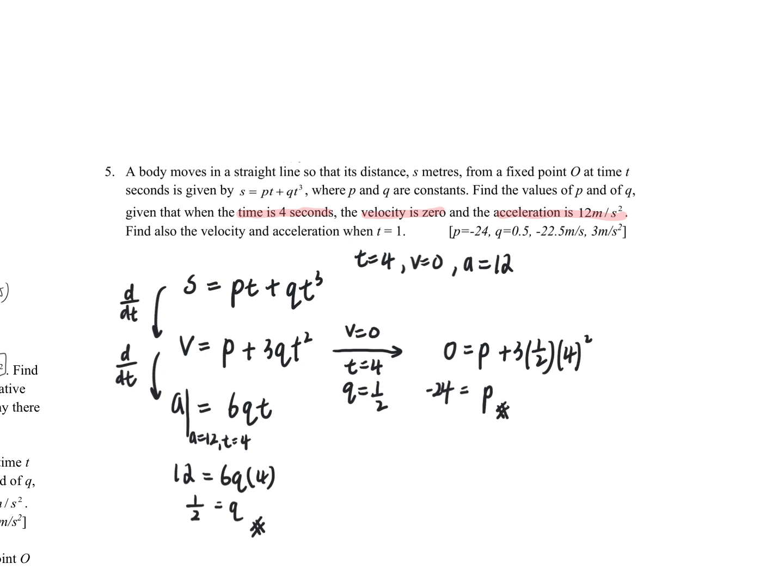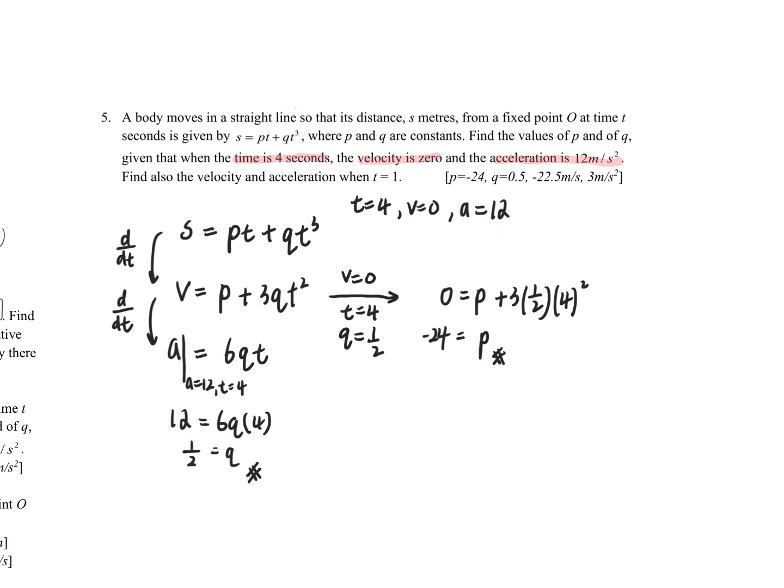Okay. Then lastly, they say, oh, then we are done already? No, we need to find the last one. Find also the velocity and acceleration when time is 1. So this one and this one, they want you to find one more time, but now at time equals 1.